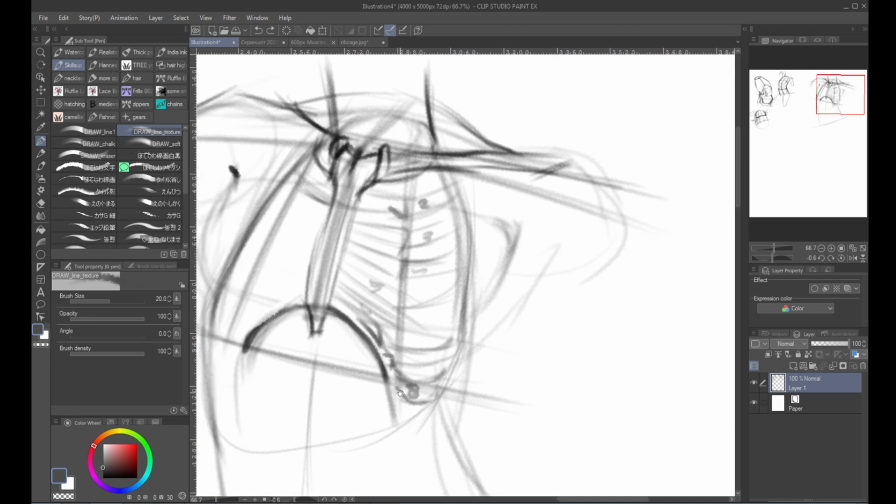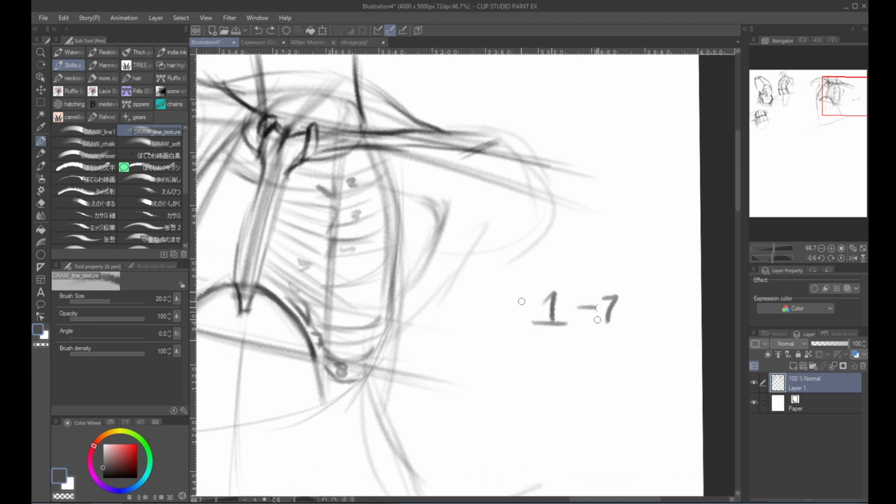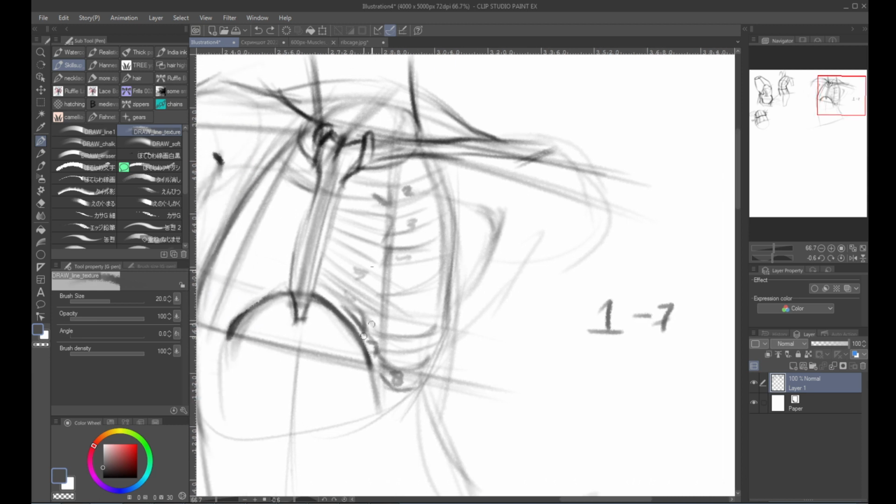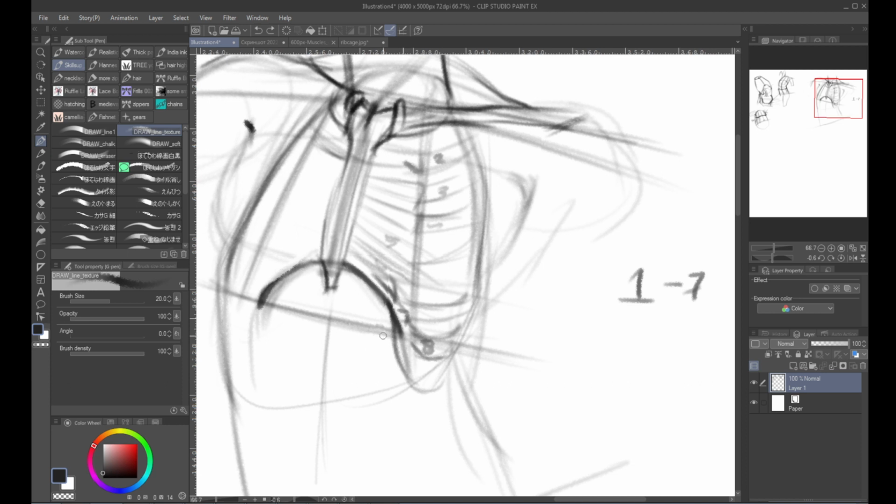So ribs 1 to 7, these guys, are called true ribs, and everyone else is called false ribs, because ribs from 8 to 10, and the floating ribs as well, are not connected directly to the sternum. They're kind of faking it. So they're called false ribs.